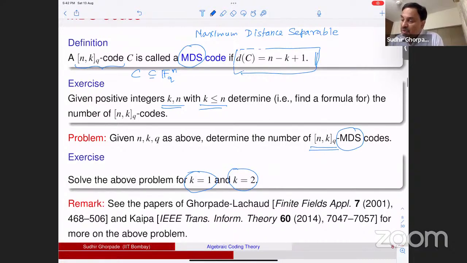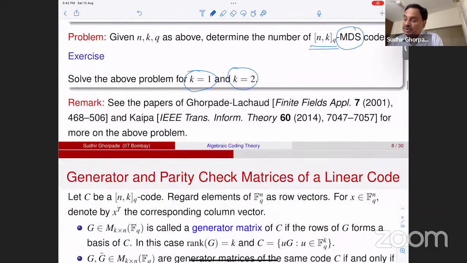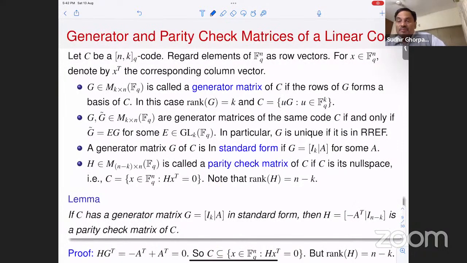Very good. Let me introduce some more notions. Remember, a linear code is a subspace C of the n-dimensional vector space F_q to the power n. There is a notion of what is called a generator matrix of C. A generator matrix of C is simply a k cross n matrix, so k rows and n columns, in such a way that the rows, which are elements of F_q to the power n, form a basis of your code C. Because C is k-dimensional, such a matrix, let's say G, is called a generator matrix of the code.